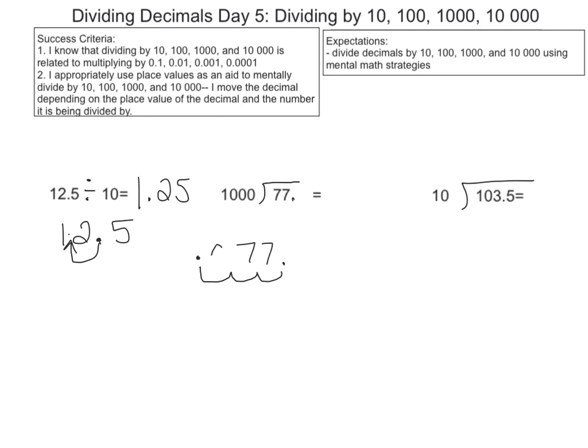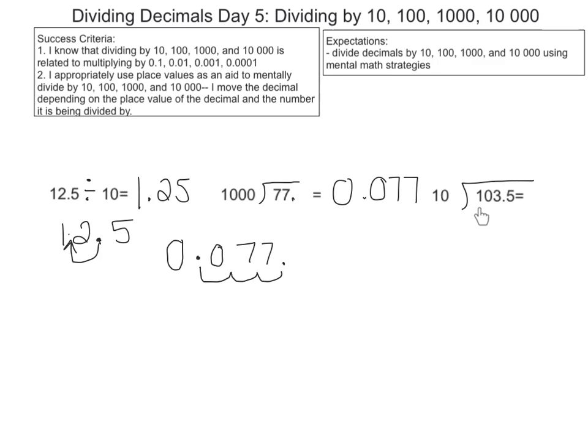We don't have enough numbers, so we put a 0 in that space and add a 0 there. So our answer is 0.077. We move the decimal 3 times because we have 3 zeros, because we're dividing by 1,000.